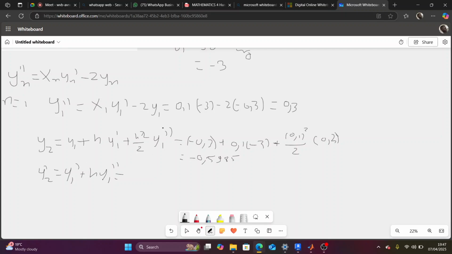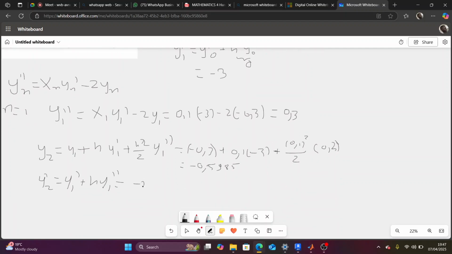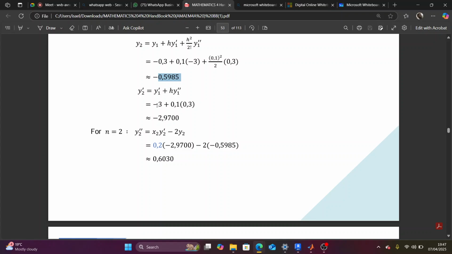It is this one, minus 2. As you can see, the way your answer depends on the other, it means if you mess up with one, you've messed up with everything. So you have to be very careful. What is y1 second? Y1 second is this guy, 0.3. If you do this calculation, what do you get? We get minus 2.97.